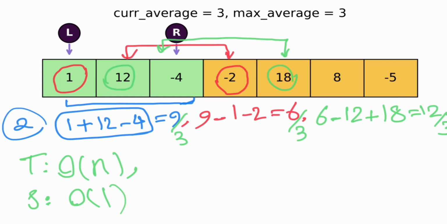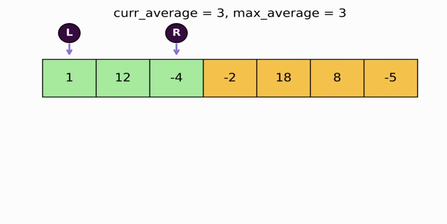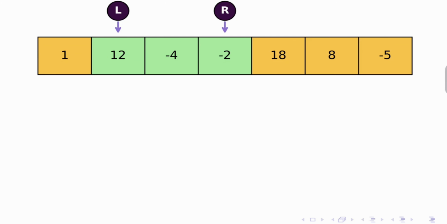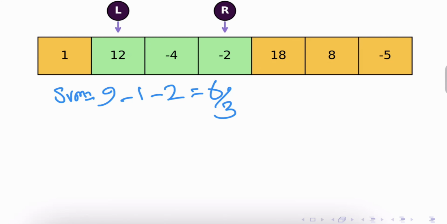Okay, so that's it. Let's go to the next example. Here our current sum is 9. Then we move to the next window and do 9 minus 1 plus 2, that is 6, and 6 divided by 3 is 2.